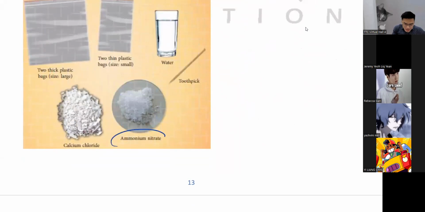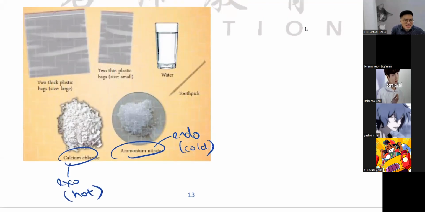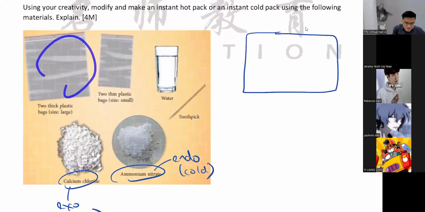You already know ammonium nitrate is endo, so this is to make the cold pack. And calcium chloride must be exo, so this is to make your hot pack. So what do you do? This is so lame. You take the big bag, you put a small bag inside, and then in the small bag you put ammonium chloride.